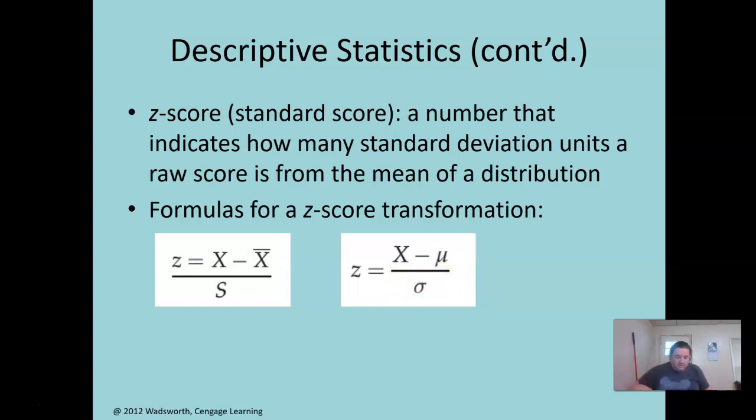If we look in our books, on page 117, the average deviation is essentially the average distance of all the scores from the mean.